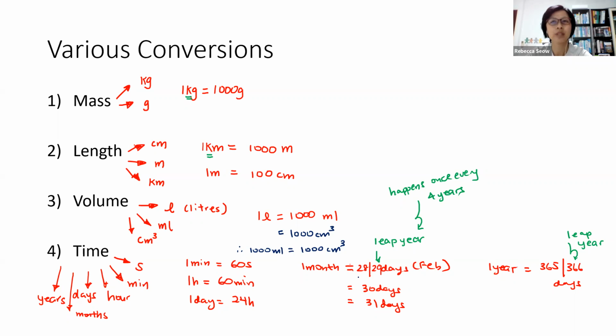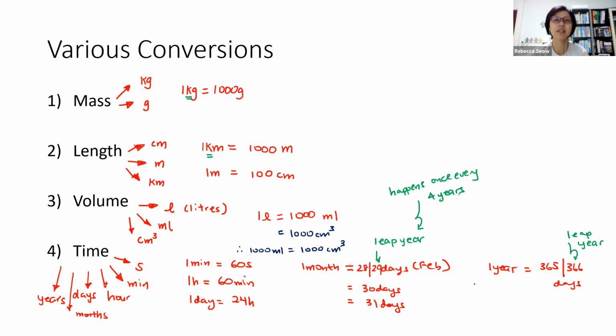It could be 28 days, or 29 days in February for a leap year, 30 days, or even 31 days. 1 year has typically 365 days, whereas a leap year would have 366 days.